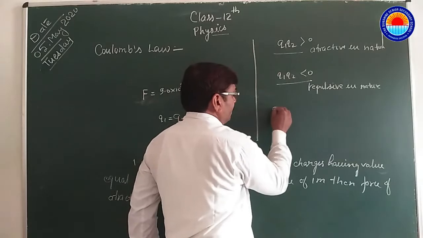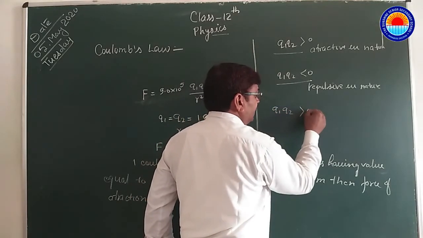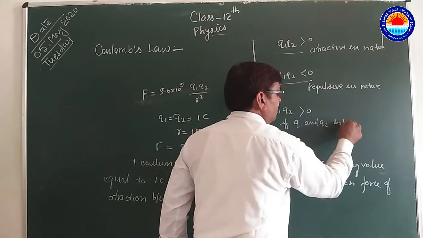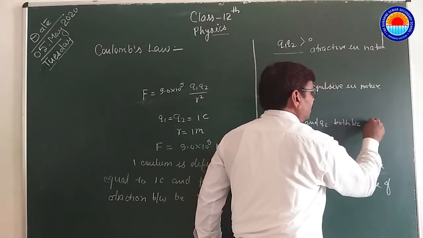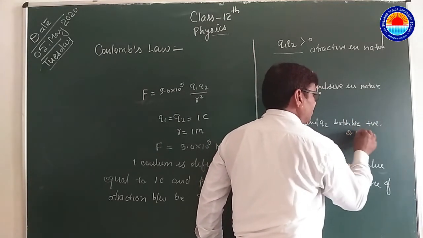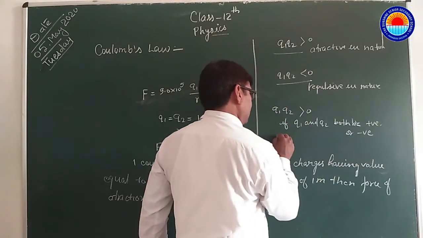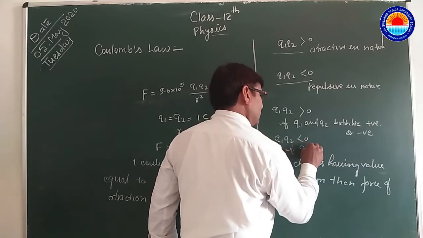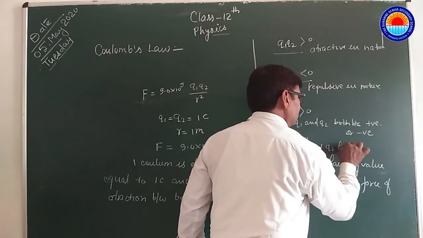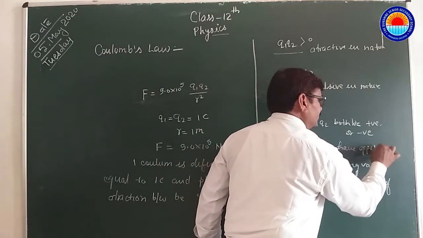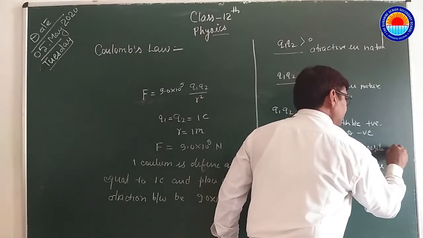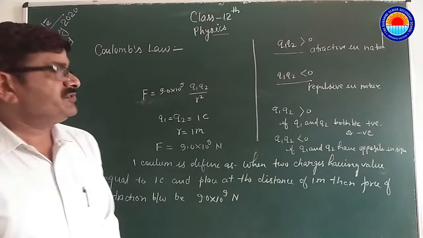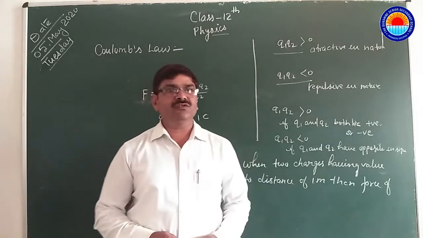The product Q1 Q2 is greater than 0 if Q1 and Q2 are both positive or both negative, and Q1 Q2 is less than 0 if Q1 and Q2 have opposite signs. In this way, you may find whether the force is attraction or repulsion.